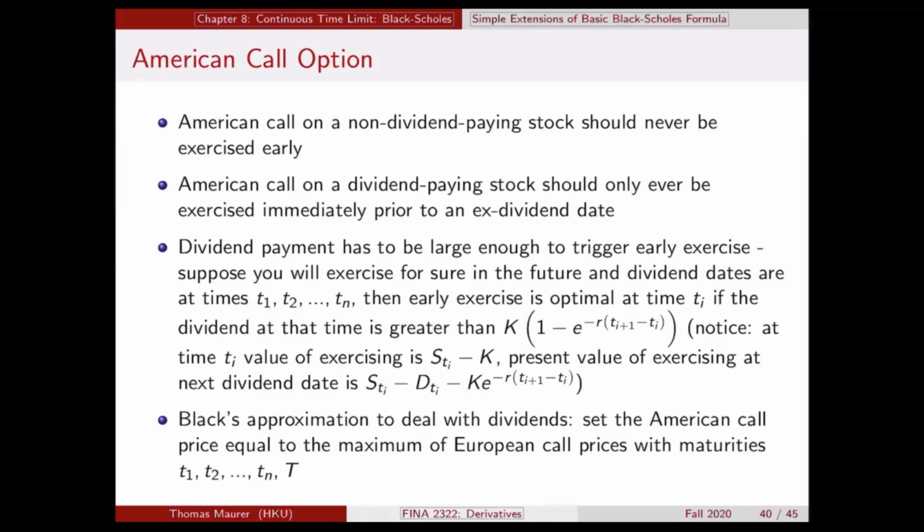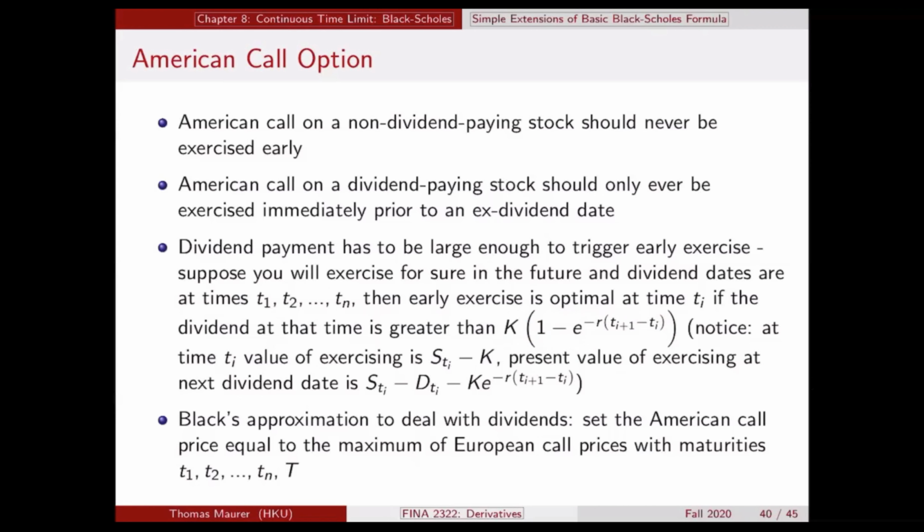If you have some dividend payments at times T1, T2, up to Tn, then you look at each time Ti, you look at how big that dividend payment is, and you exercise the American call option if and only if the dividend payment at time Ti is greater than the strike price times 1 minus discounting $1 from time Ti+1 to Ti by the risk-free rate.